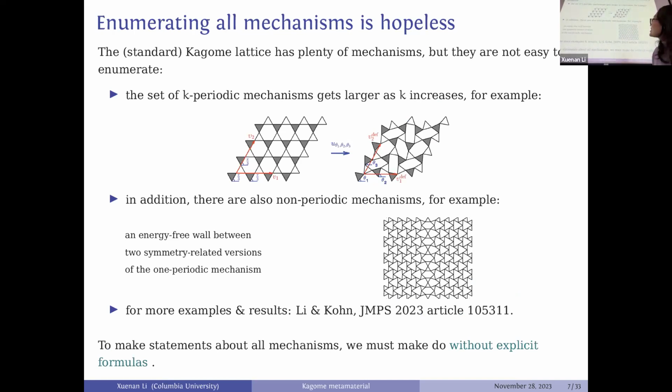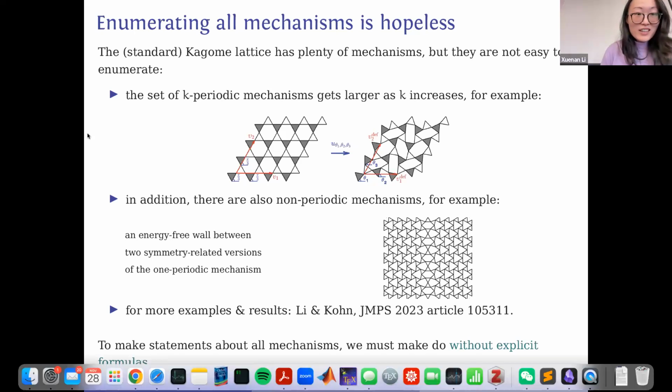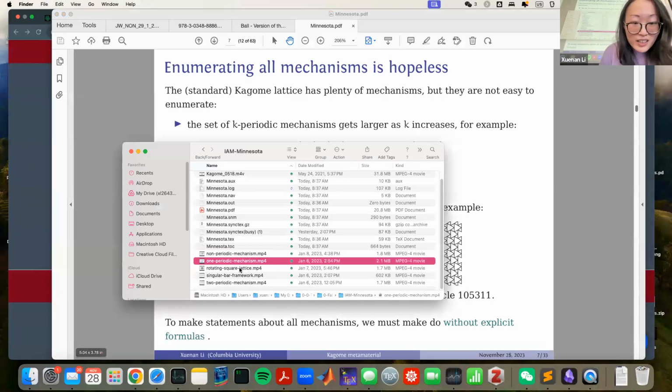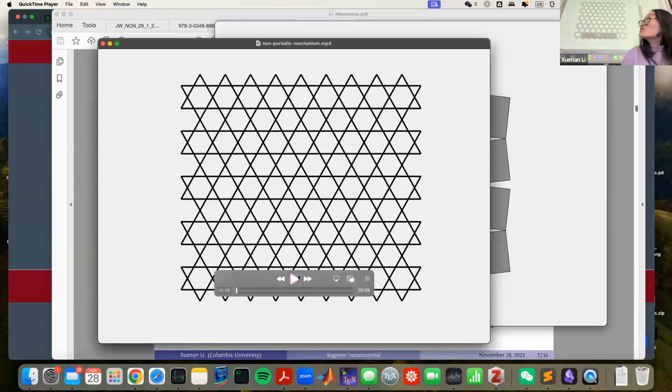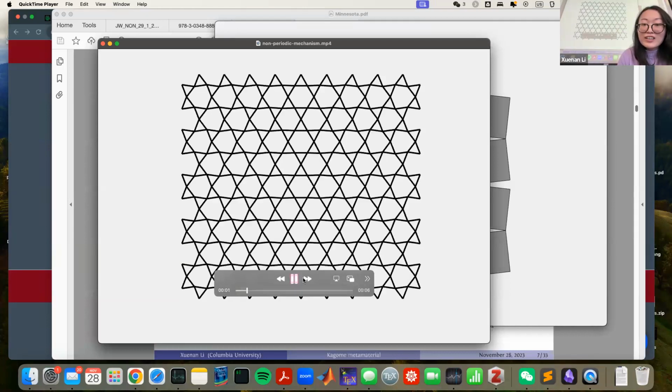And another question is, why are we just focusing on the periodic mechanism? There is a non-periodic mechanism. If I just show you the picture here, you might not believe it, but let me pull up the animation and it will be easier to see. Okay, so this is my reference state. All the equilateral triangles are there.